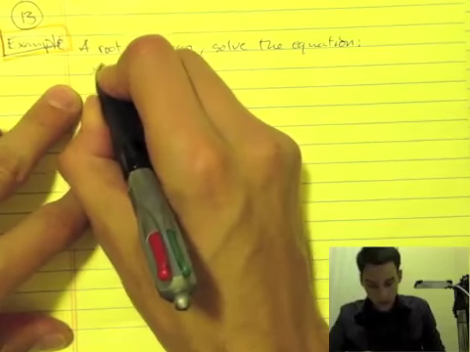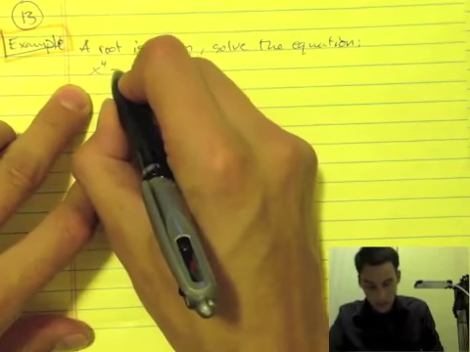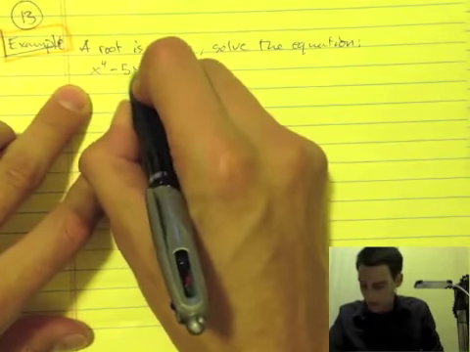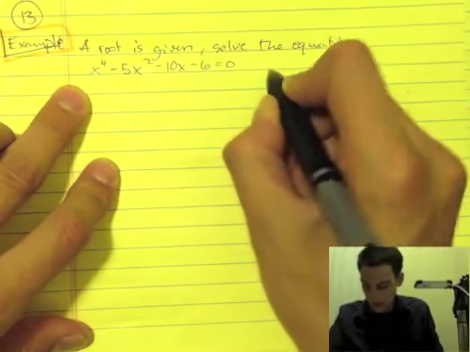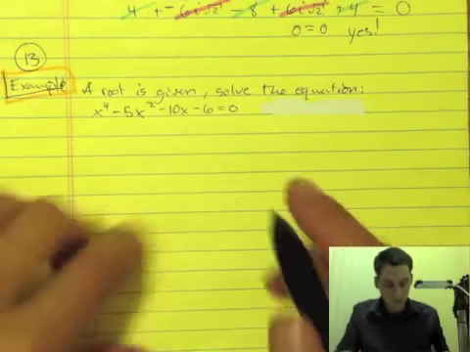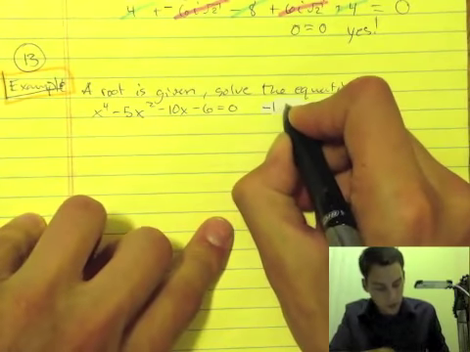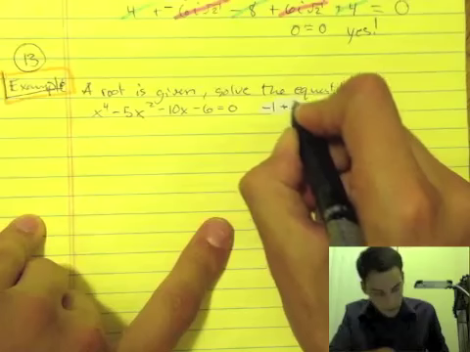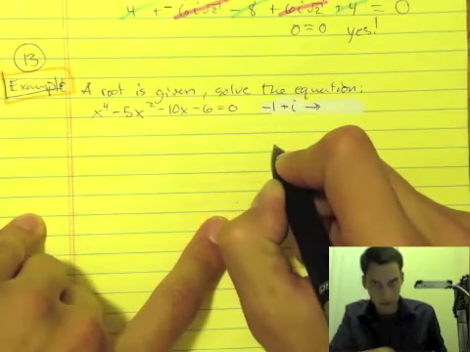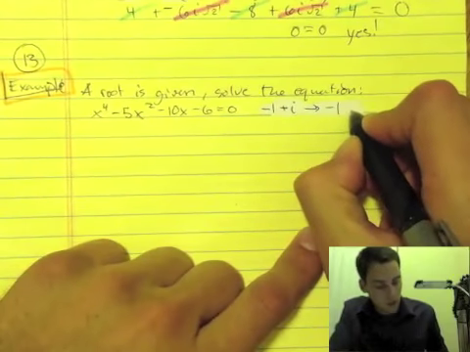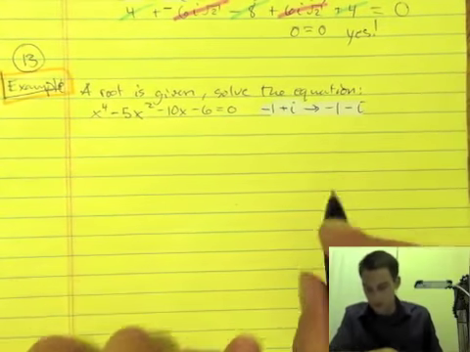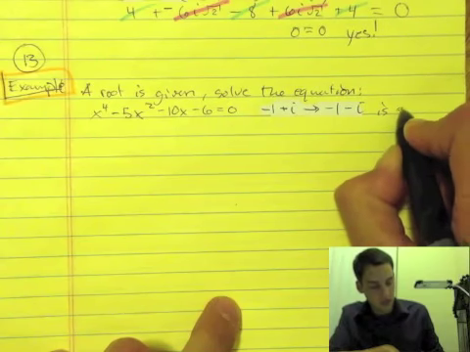So we're going to have the equation being x to the fourth minus 5x squared minus 10x minus 6 equals 0. The root will be negative 1 plus i, which means if we use the theorem, what do we get? Negative 1 minus i as a root. So that means it is a root.